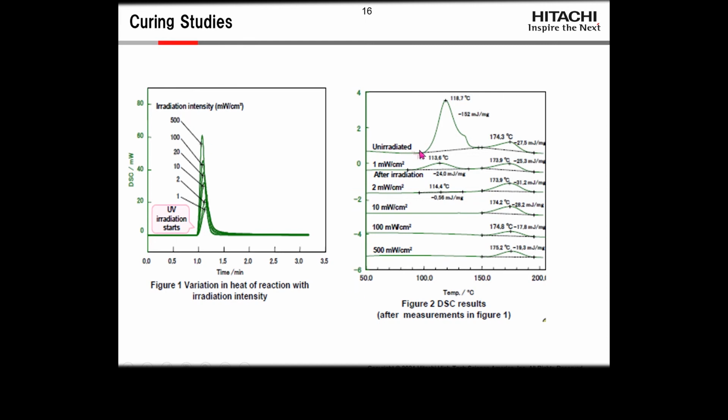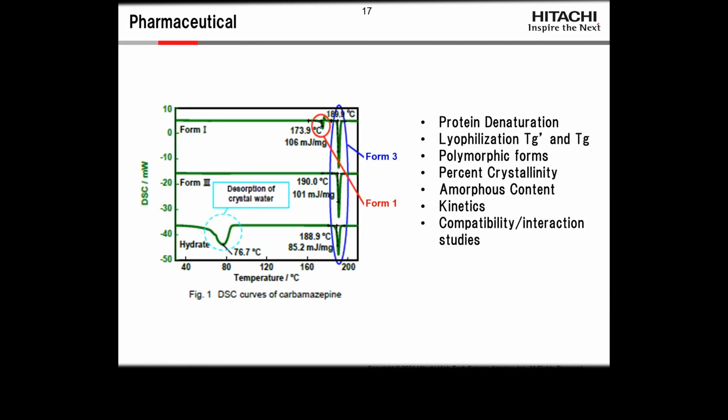And then if we were to reheat the material, we can see unirradiated material gives us a very big energy of curing. And as we increase it, it gets lower and lower. And then when we're using really high wattage, we see nothing, and we just see the melting of the material itself. So DSC lets us study this in the instrument so that we can model our processes pretty exactly.